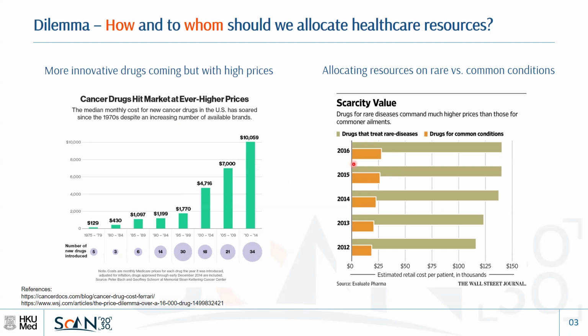The second dilemma is drugs for patients with rare diseases. Those orphan drugs often come with high cost because of the R&D expenses, but the number of patients who benefit is limited. Should we allocate resources to treat these patients at an opportunity cost of treating those with common conditions?